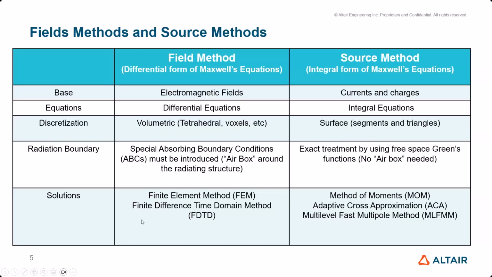The field methods in Feko are the finite element method and the finite difference time domain method, while the source methods are method of moments, which is the default method in Feko, as well as adaptive cross approximation and multi-level fast multipole method.